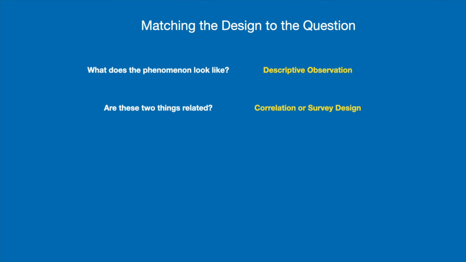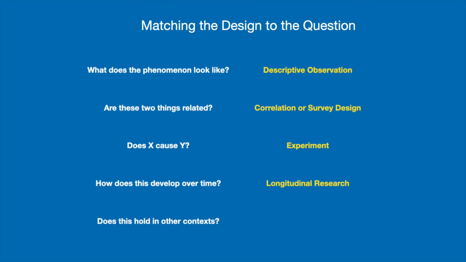You need a correlational or survey design. If your question is, does X cause Y? You need an experiment. If your question is, how does this develop over time? You need longitudinal research. If your question is, does this hold in other contexts? You need replication and variation.